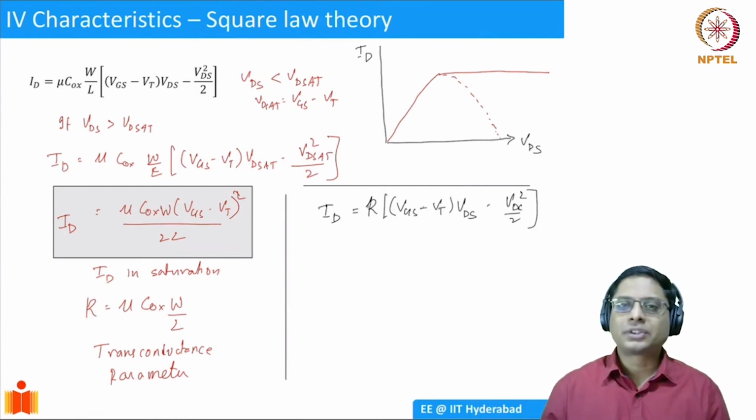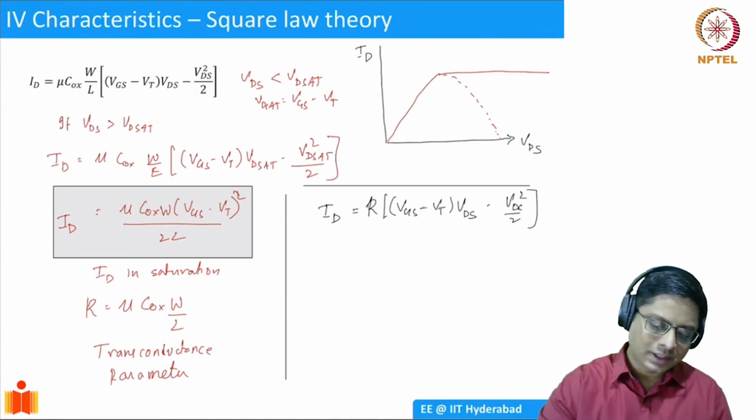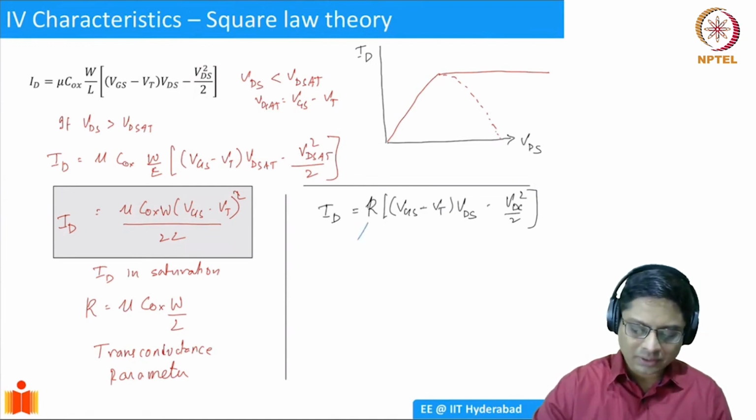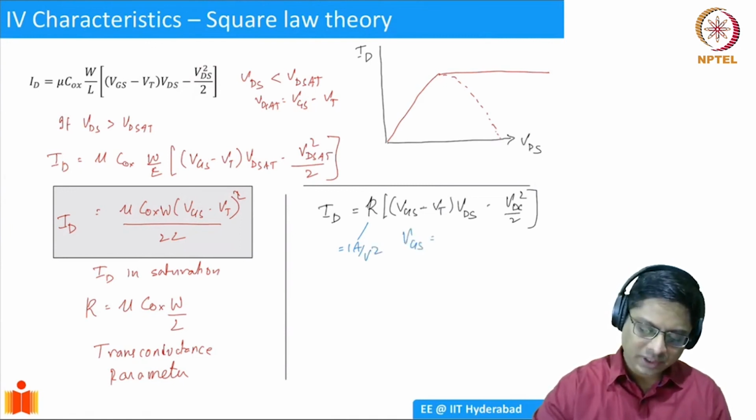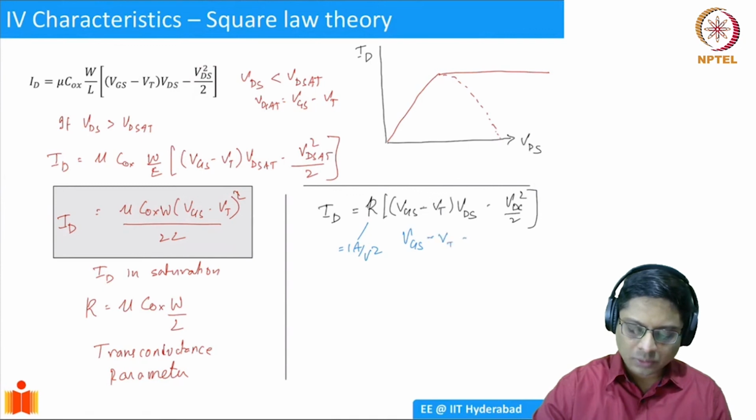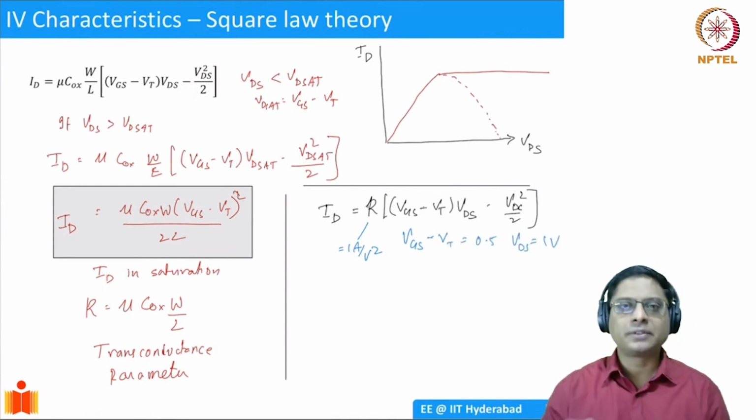You know this expression, we have studied this now. So I'll ask you to calculate the drain current when, let's say, kappa equal to 1 amps per volt square, I'll give you VGS minus VT equal to 0.5, VDS equal to 1 volt. I'll give you this expression. Then I'll ask you to calculate.